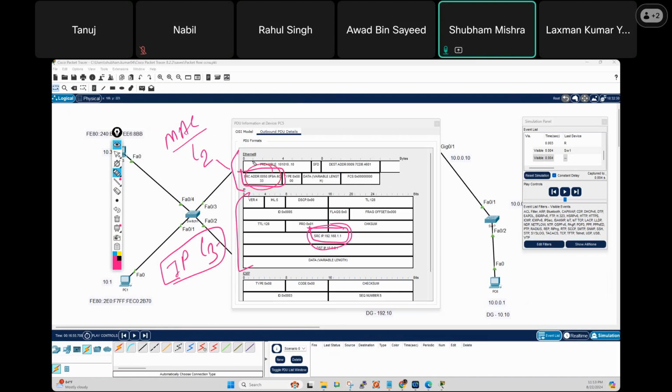But here, what is the destination IP address? 10.1.1.1. But what is the destination MAC address? 4601. It means the IP address is different and the MAC address is different. Yes or no?